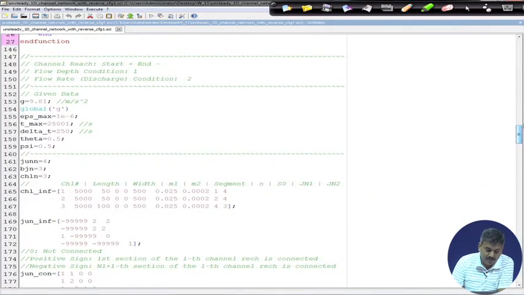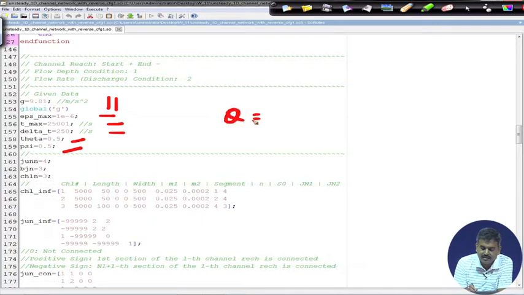So, with our initial information, let us say this is our G value, epsilon max, T max, delta T is 250 seconds, and theta is 0.5, psi is 0.5. So, theta equals 0.5 and psi equals 0.5, and junction number is 4.